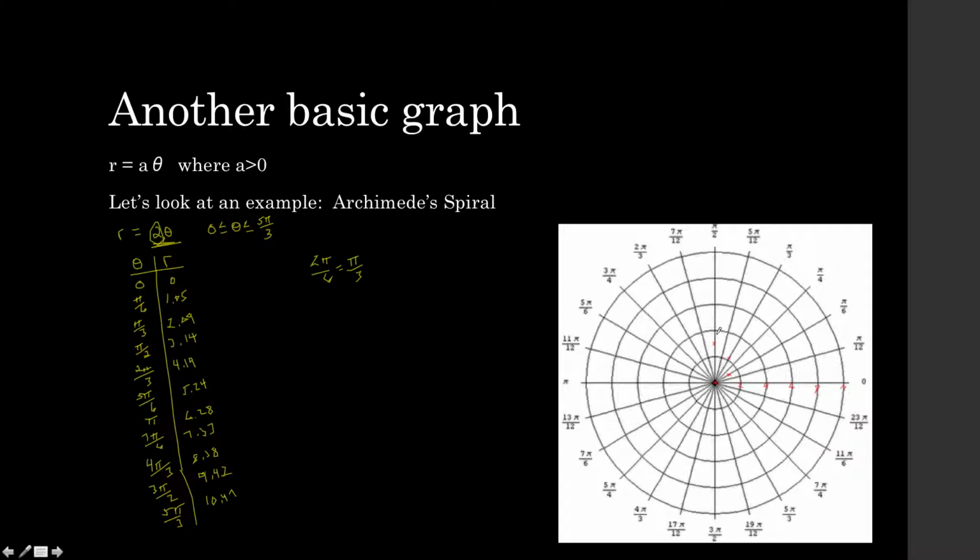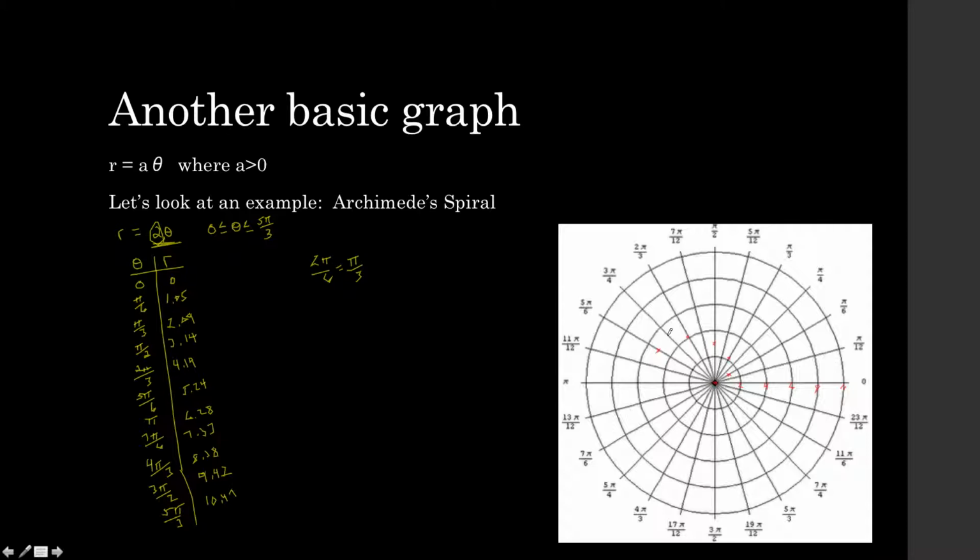Then we have 2 pi over 3, 4.19. So that's going to be somewhere right there. Then you have 5 pi over 6, which is 5.24. So that's 2, 4, 5.24, somewhere right in there.